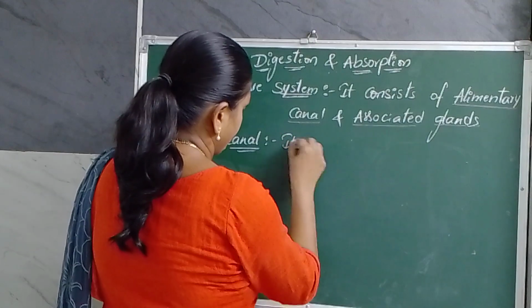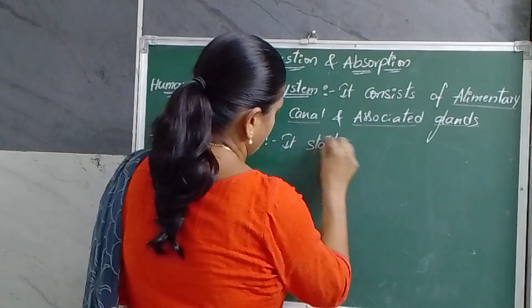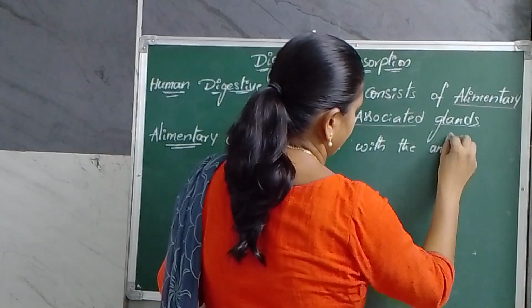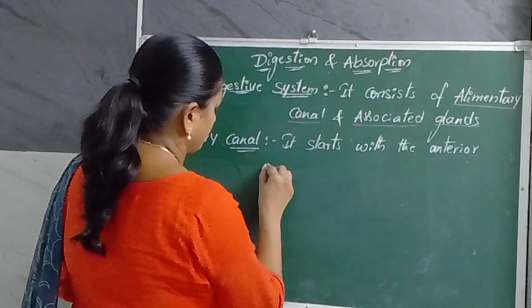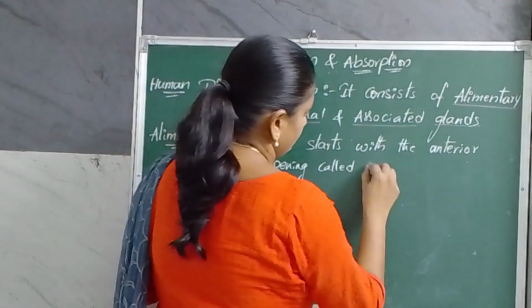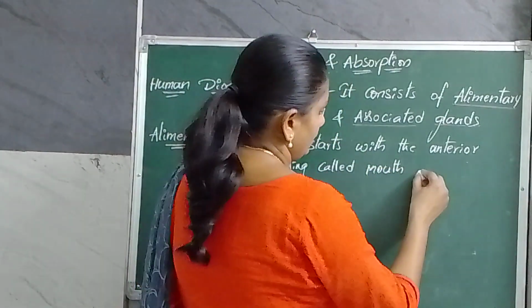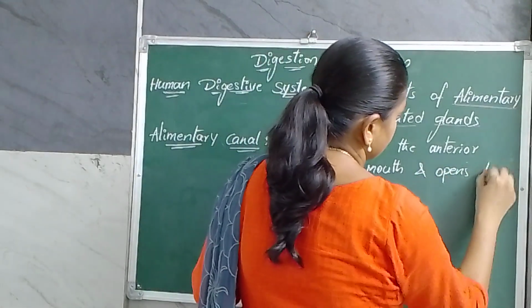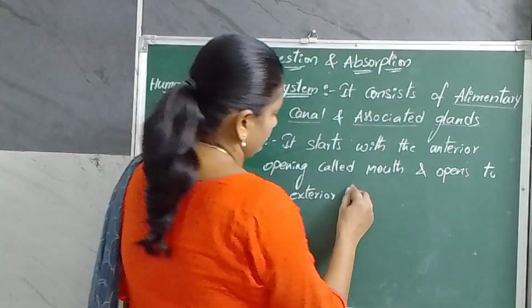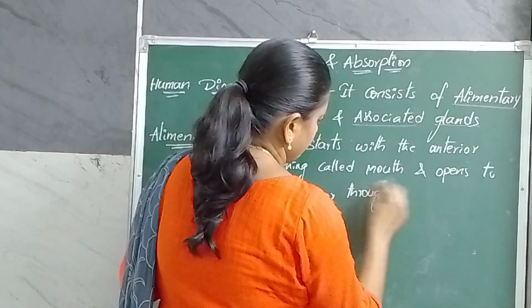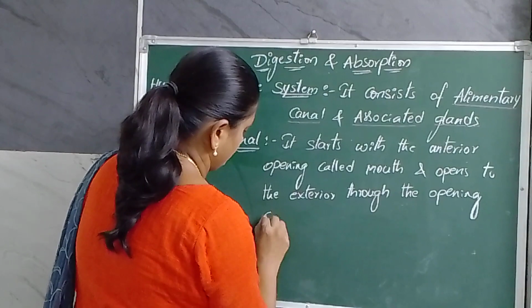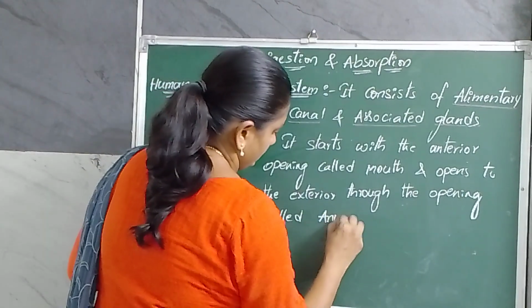It starts with the anterior opening called mouth and opens to the exterior through the opening called anus.